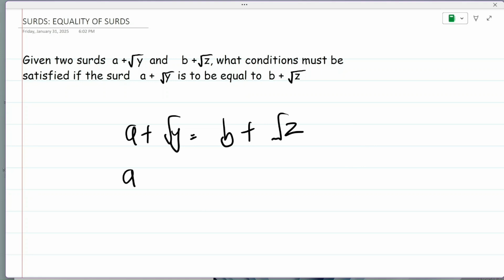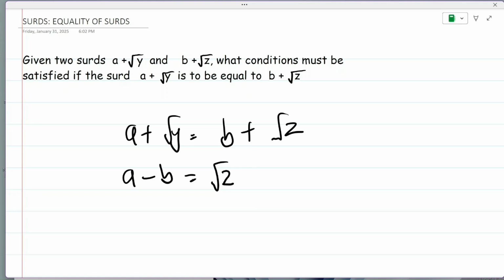So you have a, then this b you should note has a positive sign in front of it. But taking the plus b over the equals sign turns to minus b. Standard in math, you say you subtract b from both sides. Equals, you have this plus root z. You can ignore the positive sign, just write root z.